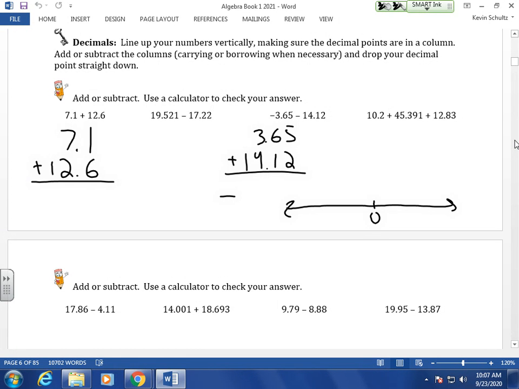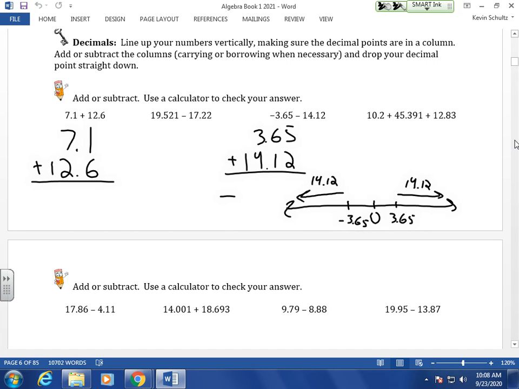If we're starting here at -3.65 and we're subtracting, so we're going left 14.12, isn't that kind of the same thing as starting at positive 3.65 and adding 14.12? Because we are starting a certain distance away from 0 and then going an equivalent distance further.